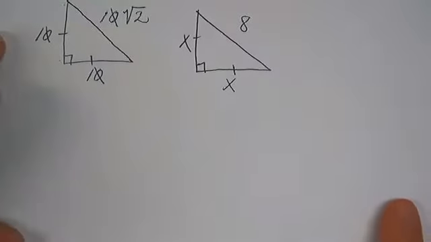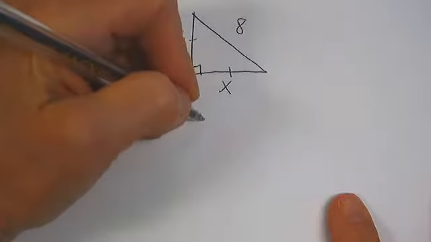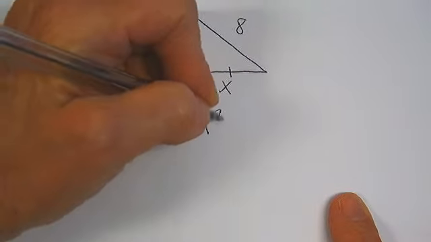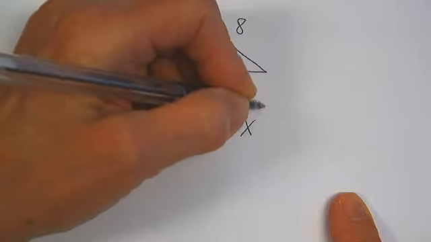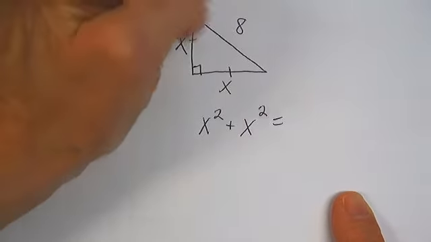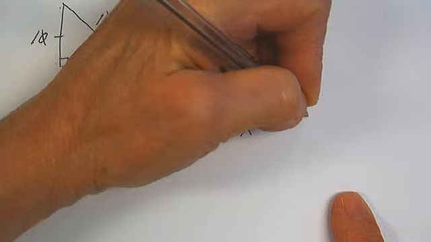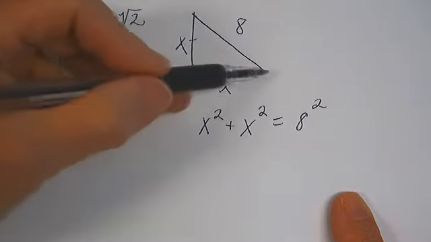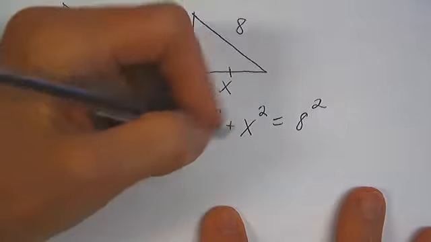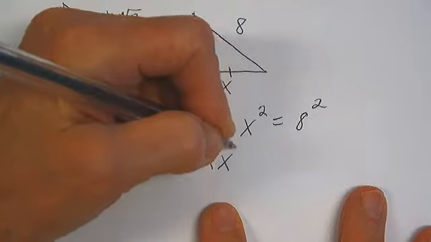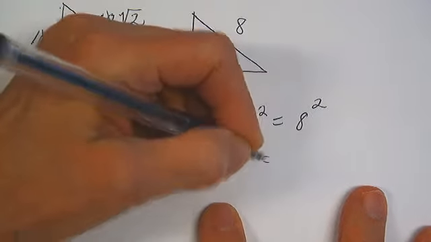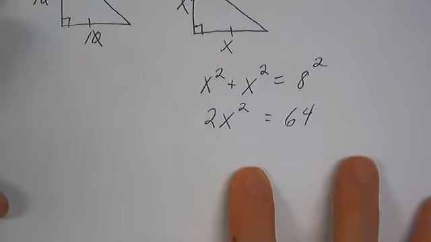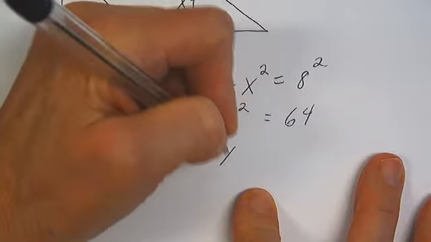We know that x squared plus x squared equals the hypotenuse squared. When it's an isosceles right triangle, it's 2 times x squared. We can now divide both sides by 2.